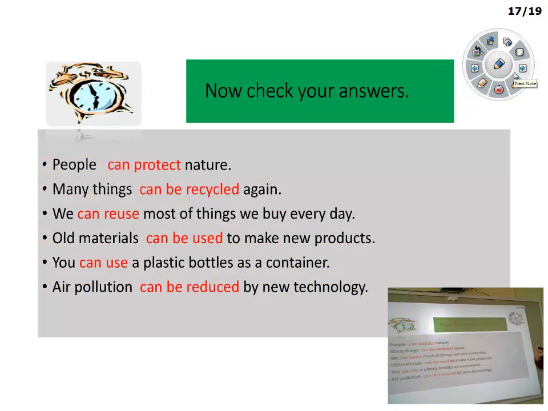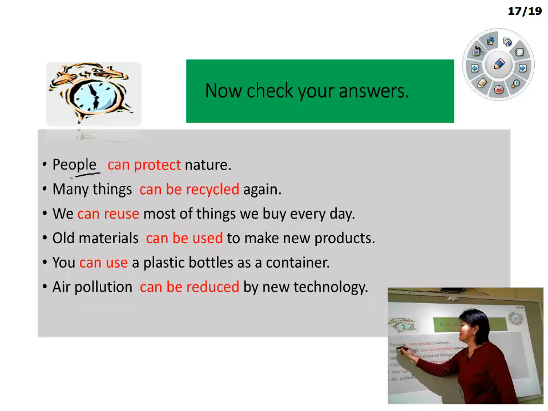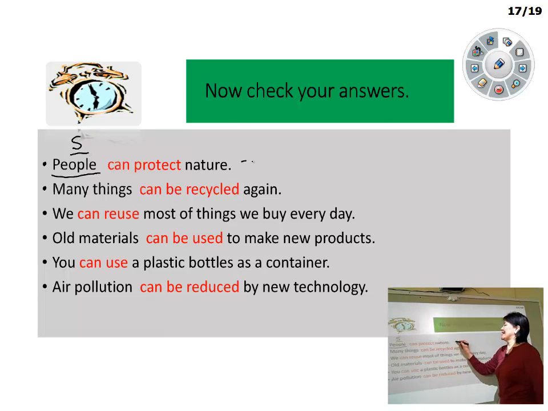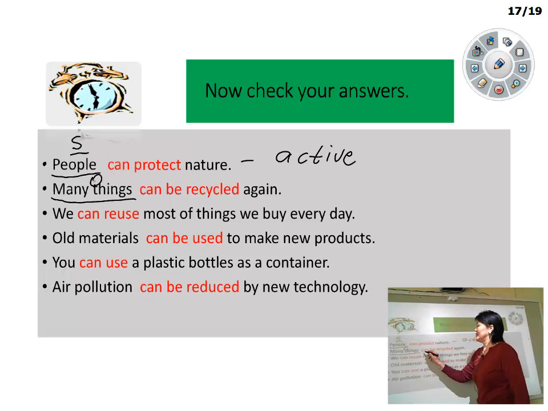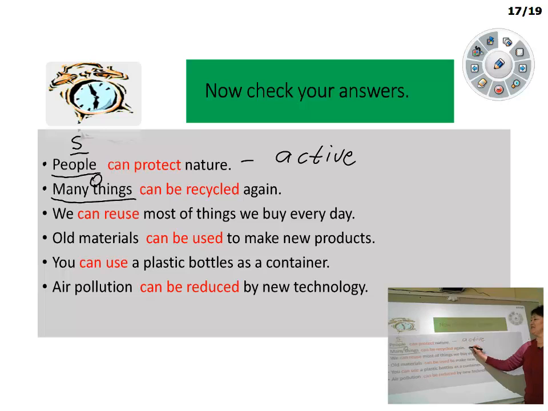Now, please, let's check your answers. Number 1 is, we can mention the subject, and we can use an active form. Active. And number 2, many things is an object, so we can use can be recycled, or we can use the passive form of the verb.